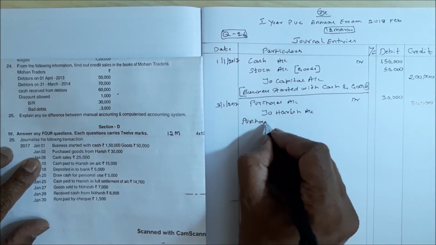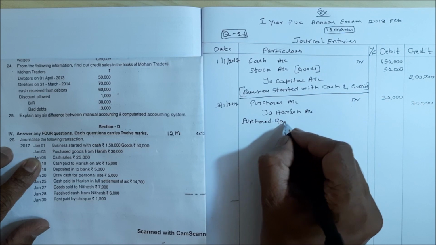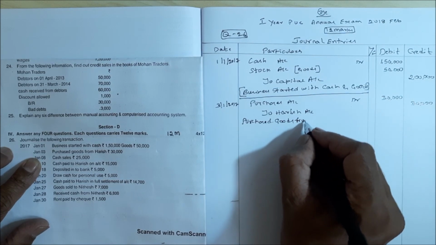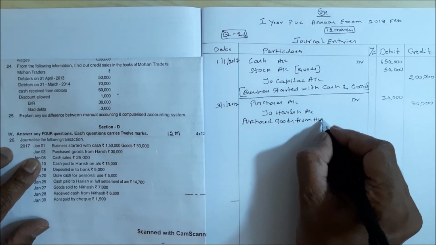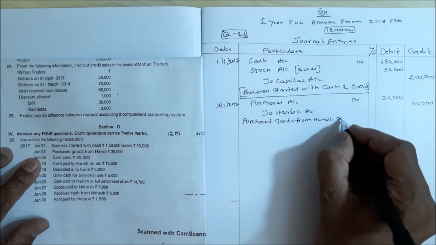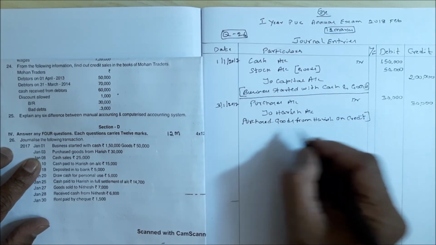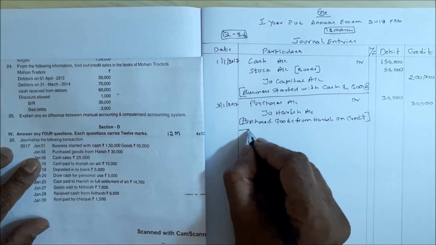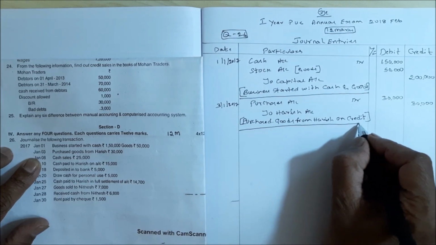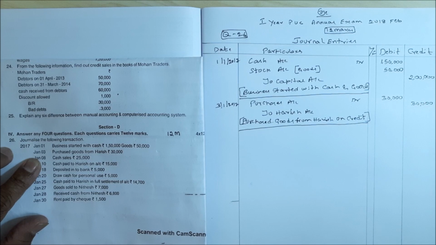Purchased goods from Harish on credit. I hope you remember, narration is called a brief history of the transaction.